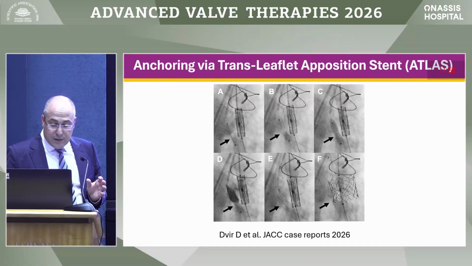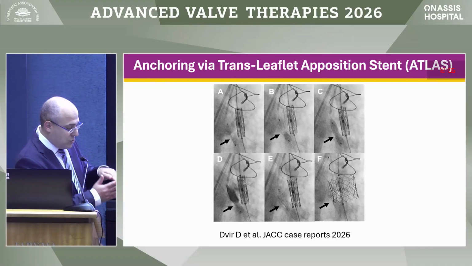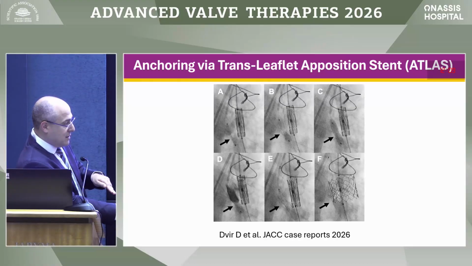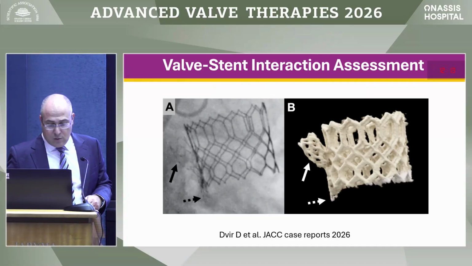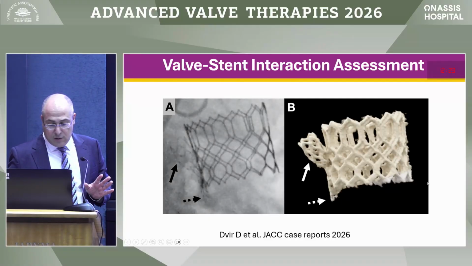You still need the stent to be above the leaflet in order to anchor, and a bit below the Sapien, to come a bit below and hug it from down, so that it will not go down. So this is an image on the left from fluoro from the case, and on the right a CT image of the same patient, showing exactly what we wanted.